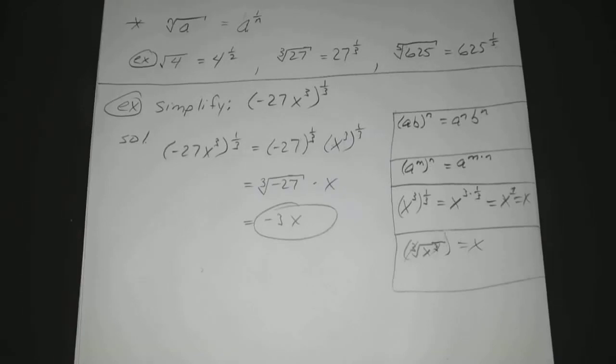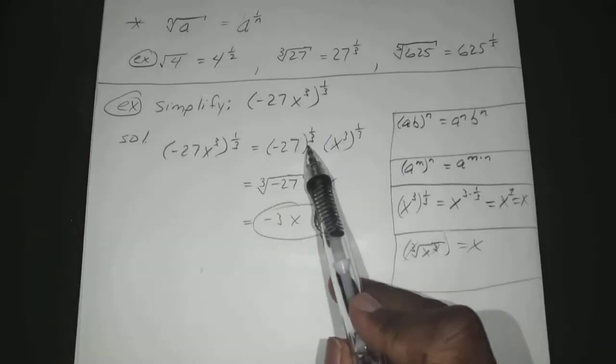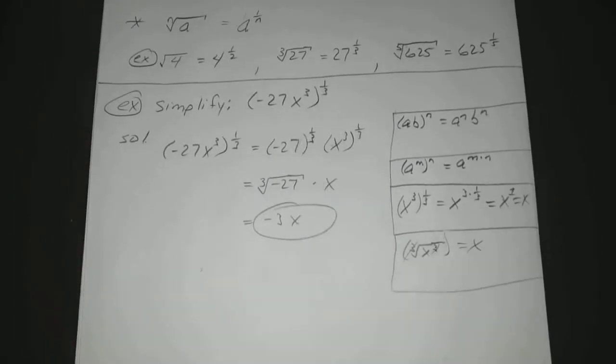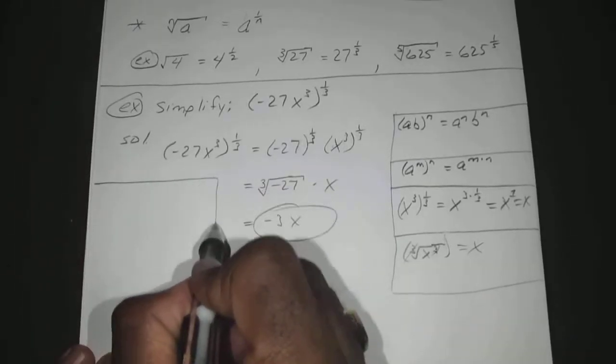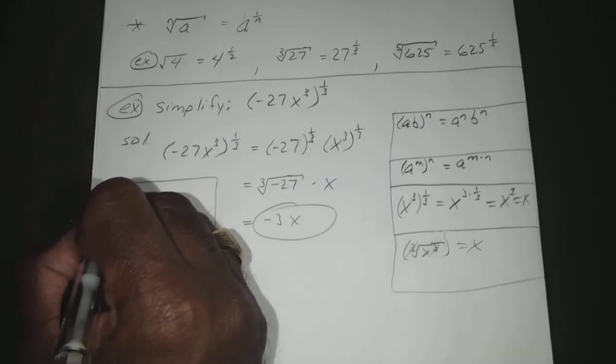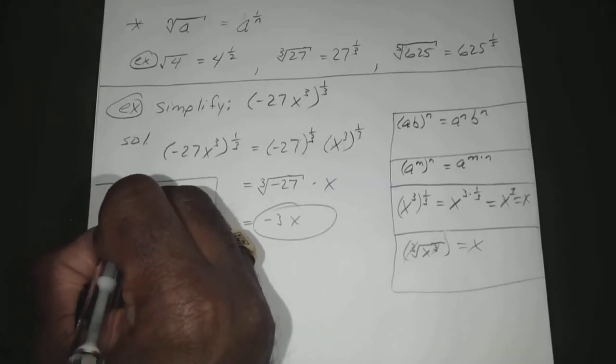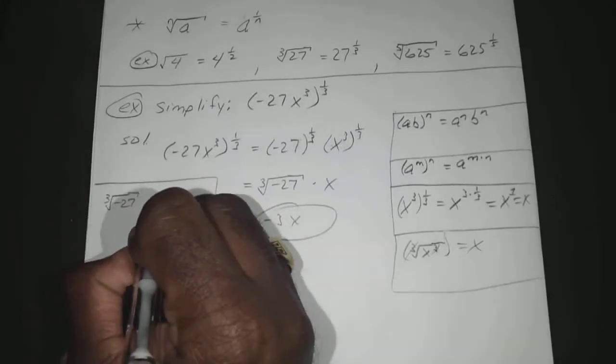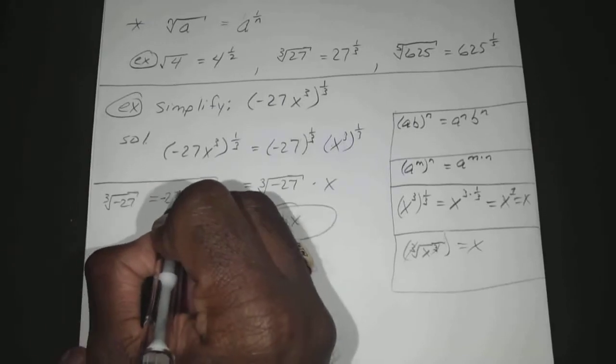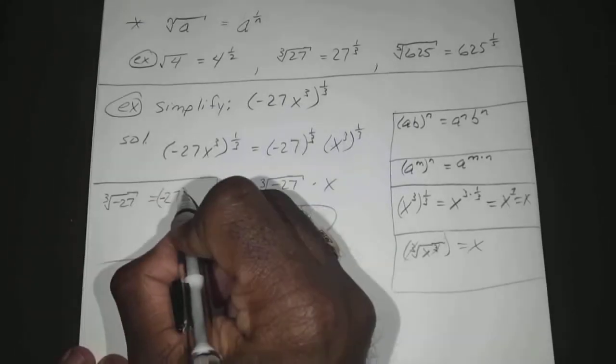Okay, so any questions on that one? Okay, so for the -27 times the 1/3, when you brought it down, did it just change it to the square root? Yep, all I did was rewrite it. So the cube root of -27 is just equal to -27 to the 1/3.